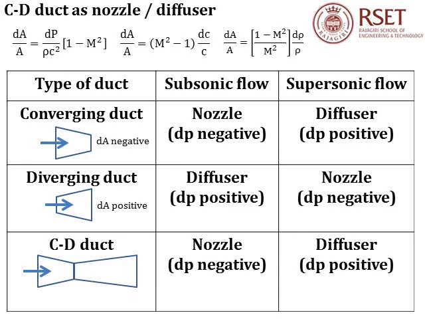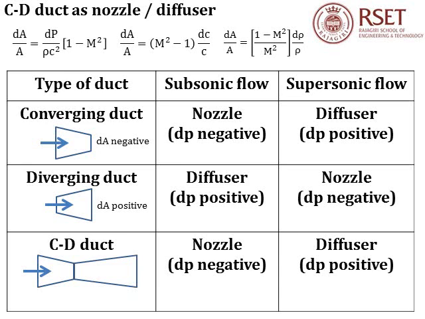The diverging duct will act as a diffuser and decelerate a flow. In that case, a CD duct acts like a venturi. So, the CD duct having unity Mach number at the throat with subsonic inlet condition can act as a nozzle.